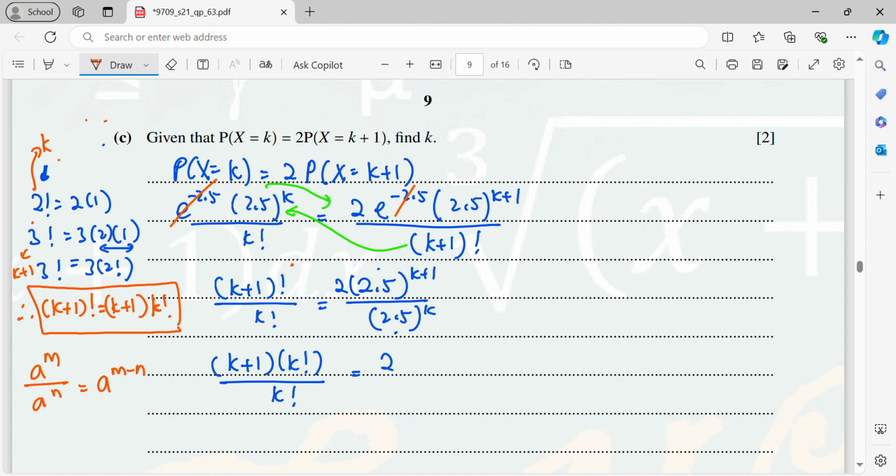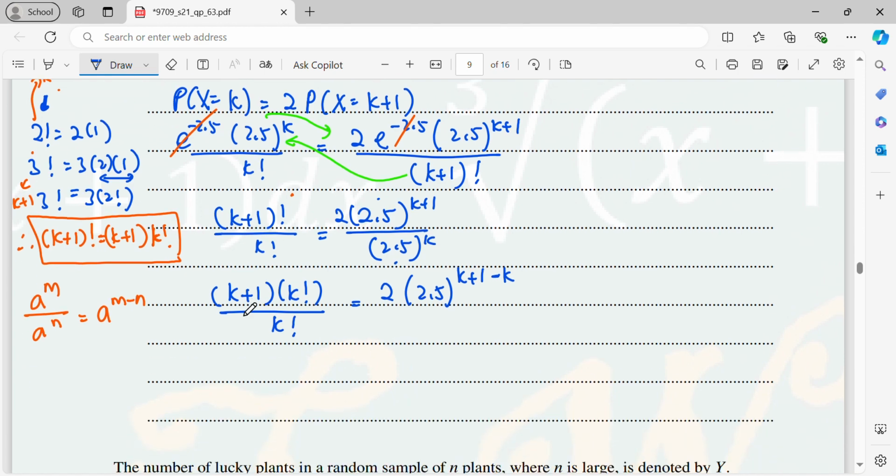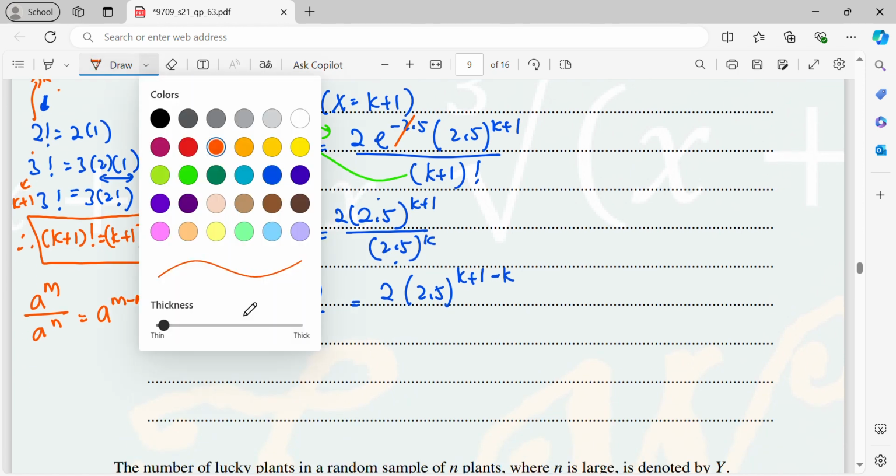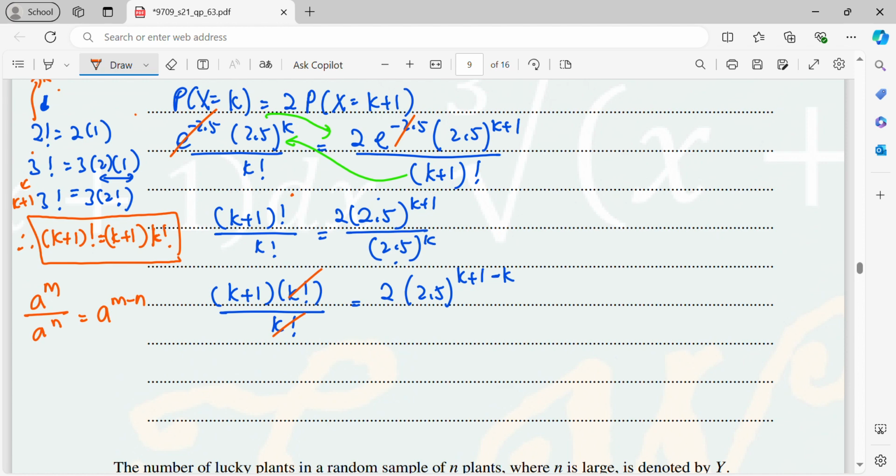Therefore I will write 2.5 to the power k plus 1 minus k because of division. So the k factorial will be cancelled off from the left side, and I will be getting k plus 1 equals 2 times 2.5.